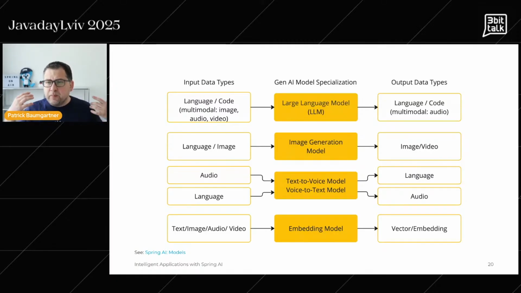Thinking or talking about models, there are plenty of models out there. And the important thing you need to understand is, if you use a tool like ChatGPT, just as an example, ChatGPT is for me just a front end to several different models, because OpenAI provides you through ChatGPT models to deal with text, of course. You have image generation models, you have text to voice or voice to text models, and you even have embedding models.